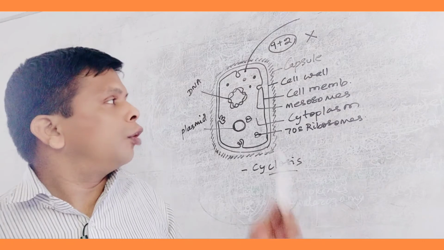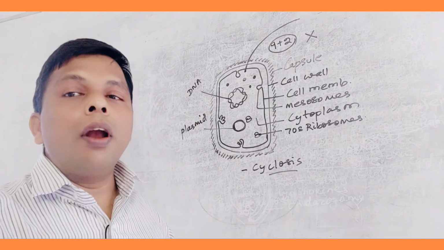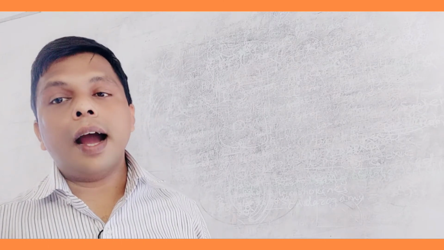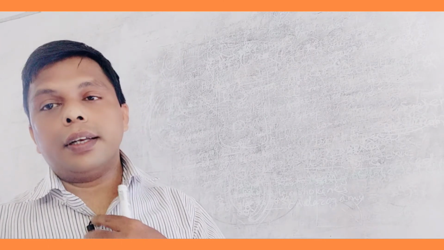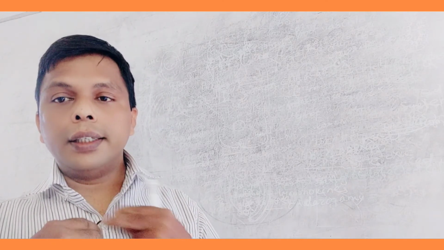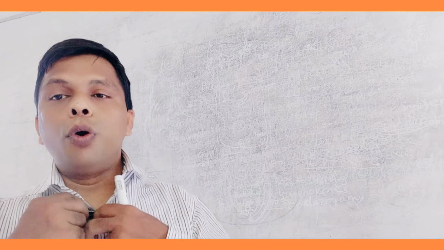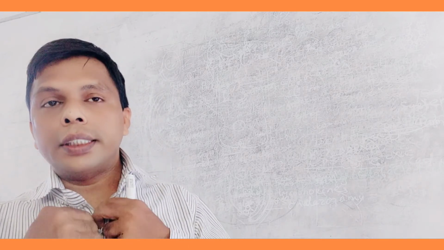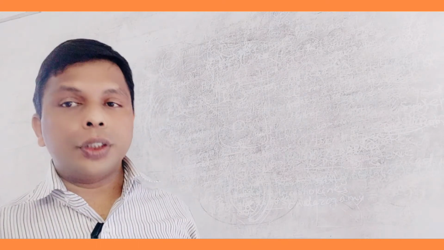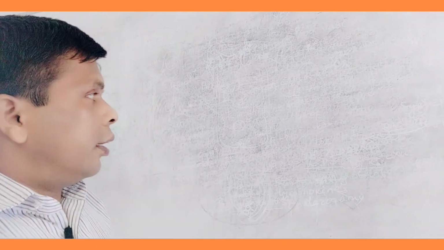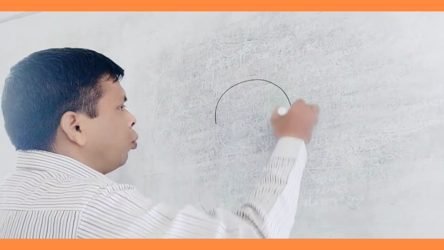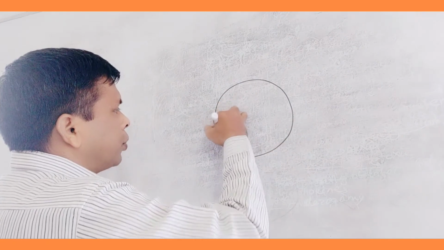Then come to eukaryotic cells. These are all about the prokaryote. The eukaryotic cells are more advanced than prokaryotic cells and larger in size in comparison to the prokaryotic cell. Under the microscopic field, it is found that the eukaryotic cell does not have a capsule.